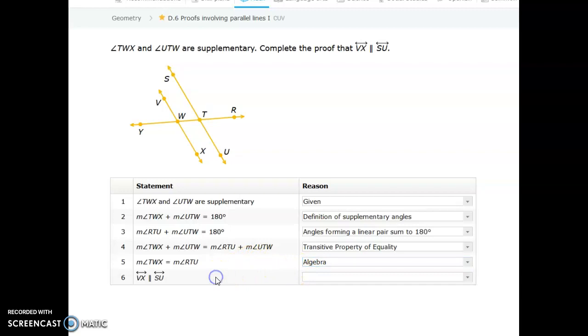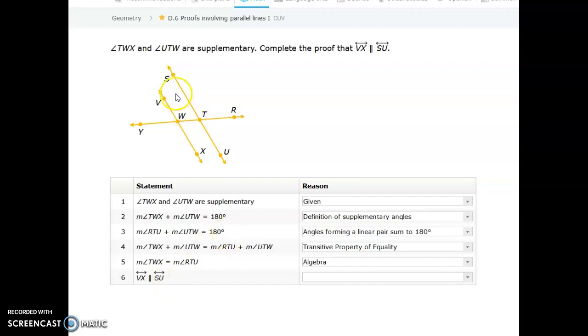Okay, and then the very last statement: line VX is parallel to line SU.